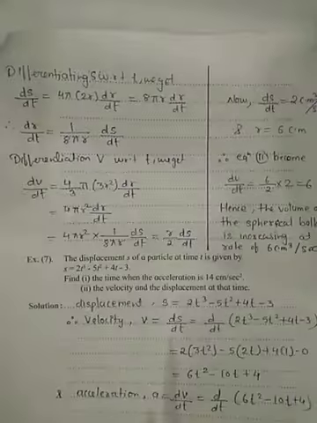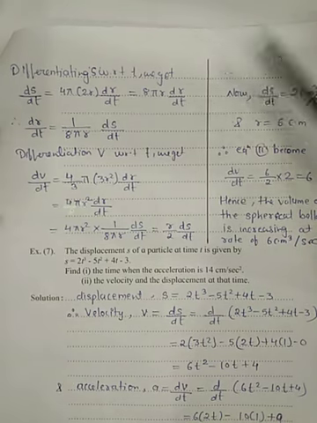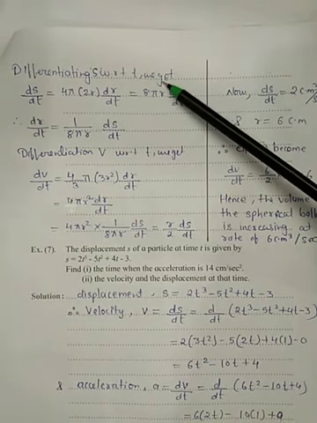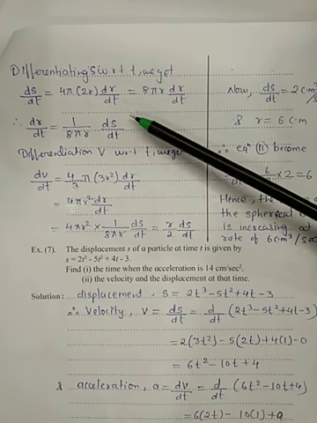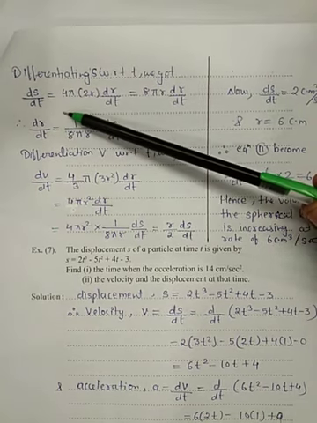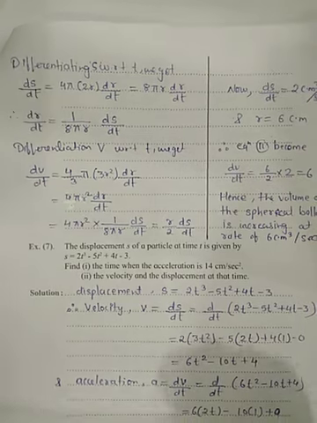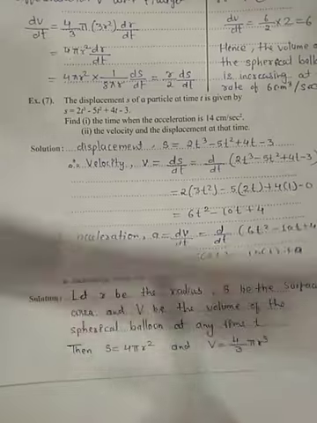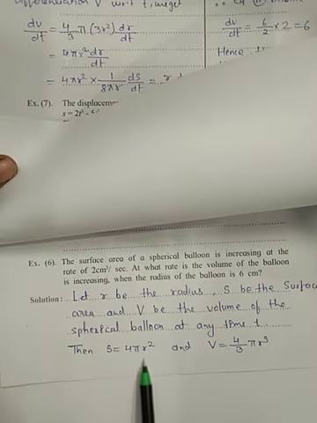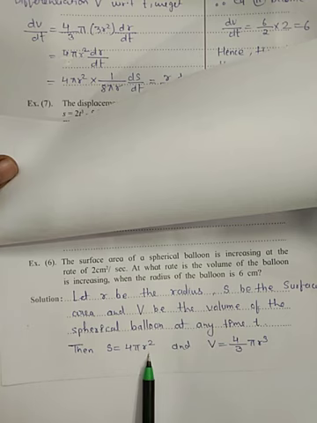Next we will differentiate S with respect to t, because we are given the rate of change of surface area, right? So dS by dt. What is dS by dt? 4 pi 2r dr by dt. How is it? See, what is S? 4 pi r square. 4 pi is constant as it is, the derivative of r square is 2r.